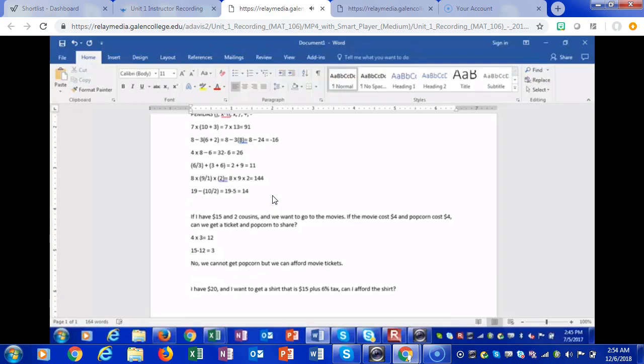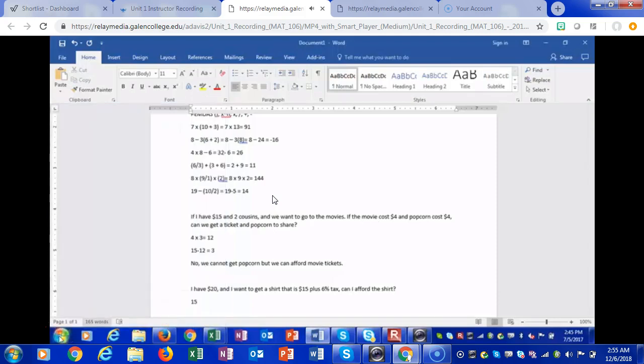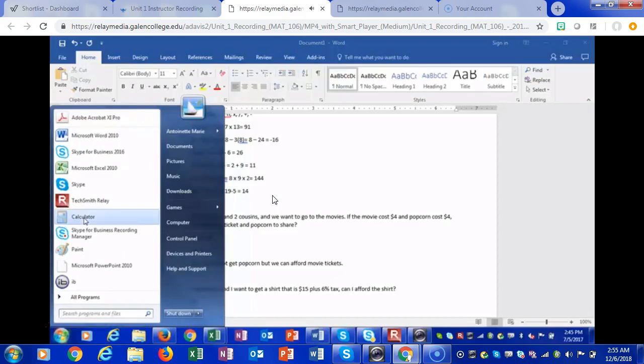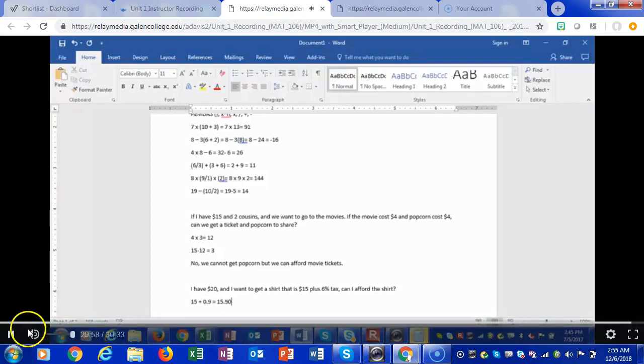Well, first of all, I have $20, but the shirt is $15 and 6% tax would take me to, let's pull up the calculator real quick, if it'll come on. I guess I'll have to bring it up on my phone. 15 times 0.06 is 0.9. 0.9, which is under 15, I do have enough.